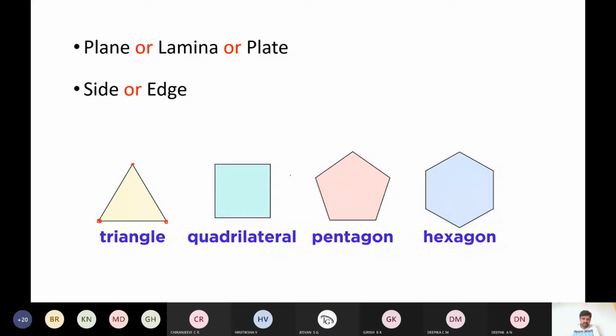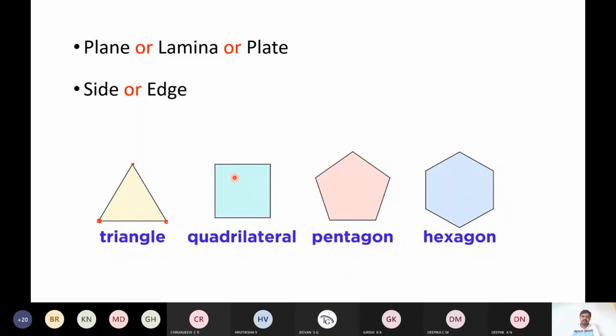So in case of square, similarly, square consists of 4 sides or 4 edges and 4 corners. Okay, pentagon consists of 5 sides or 5 edges and 5 corners. Hexagon, 6 sides, 6 edges, 6 corners. Okay, so this is the general construction.